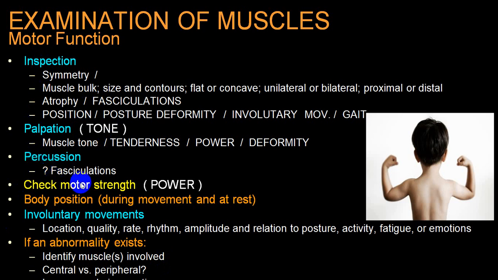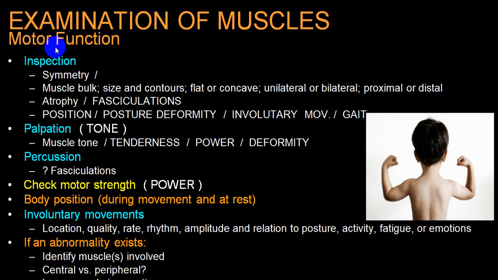Then we go for examination of power, then position, involuntary movements, and any other things which you can differentiate, that which group of muscles are involved, whether it is central or peripheral, and then you put the differential diagnosis.